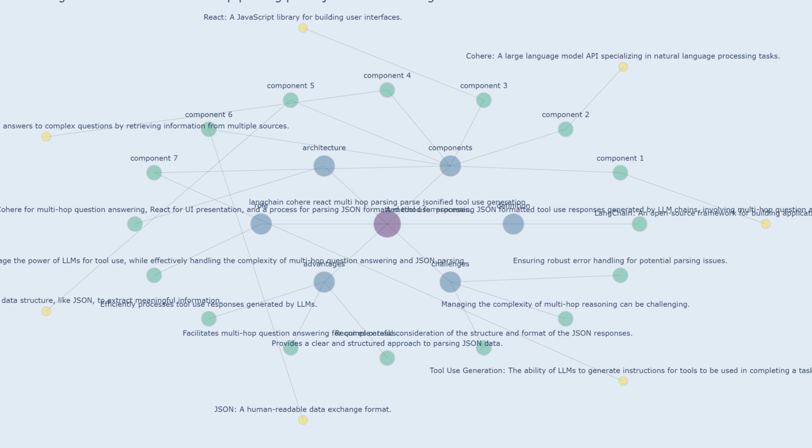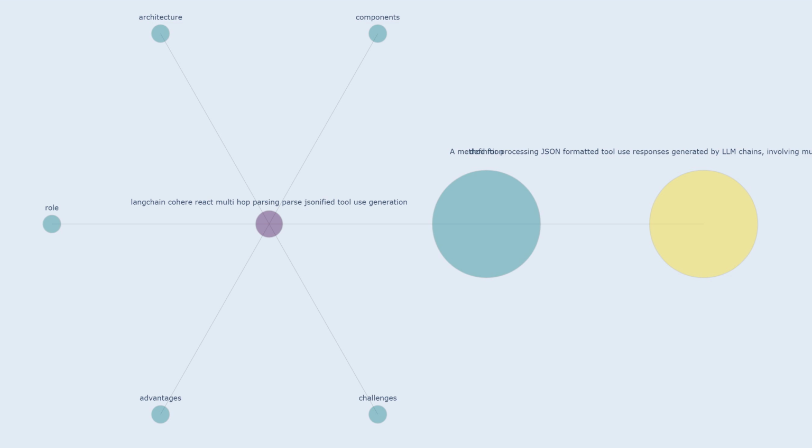LangChain Cohere React Multi-hop Parsing: Parse JSONified Tool Use Generation. Definition: a method for processing JSON formatted tool use responses generated by language model chains, involving multi-hop question answering and parsing. For example, consider a scenario where an LLM chain needs to retrieve information from multiple sources to answer a complex question.